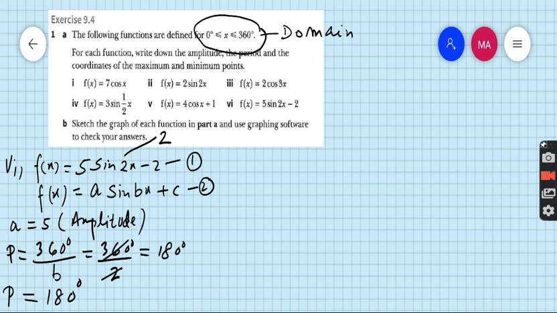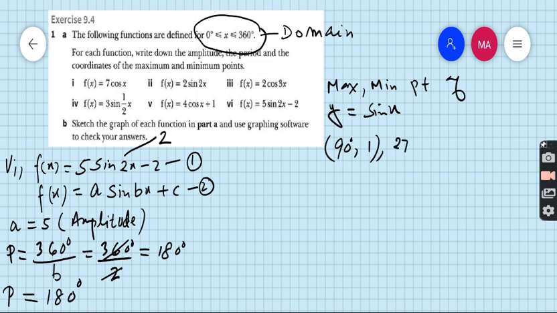Coming to the maximum and minimum points. So first we have to write maximum, minimum points of y is equals to sine x. So at 90 degree sine x is 1. At 270 degree sine x is minus 1. You can confirm.